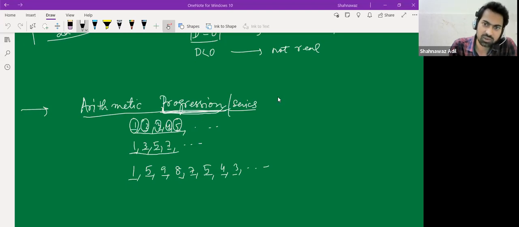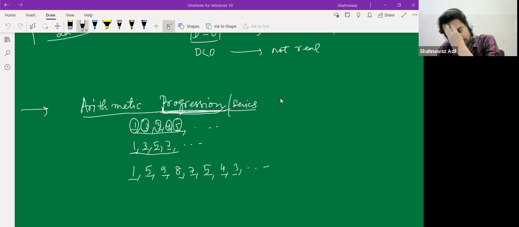So you guys understood. Can you tell me, let's say you are in a school in class 10th, and there are some students. Will the ages of those students follow some pattern? Let's say you find out the ages of all those students.